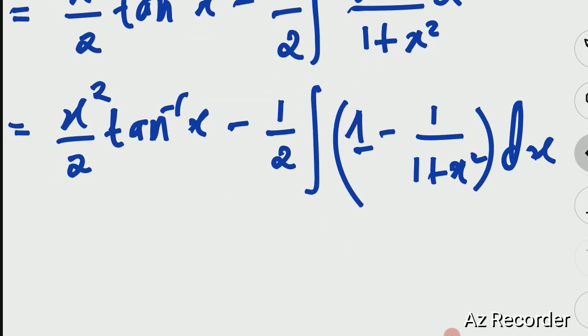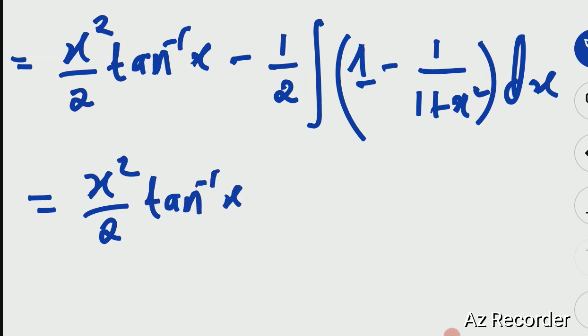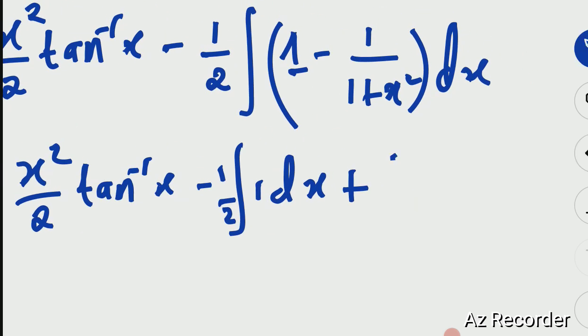So after doing that, the next step is that now looking at this, we have x squared on 2 tan inverse of x minus, now I will integrate this separately. Integrate this separately. So you have half of the integral of 1 dx plus, let me do this separately. So that is still negative half.